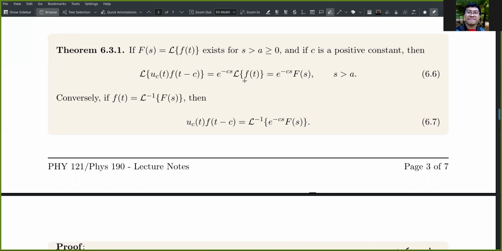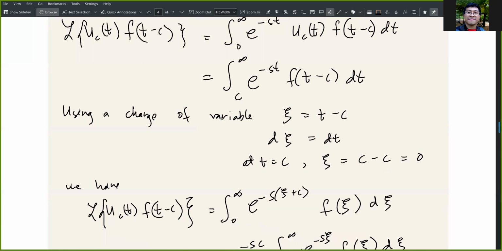The inverse Laplace transform of e^(−cs) F(s) is u_c(t) f(t minus c).